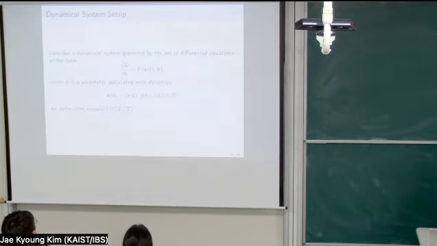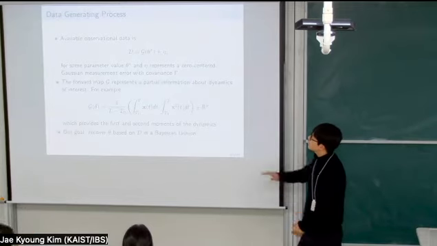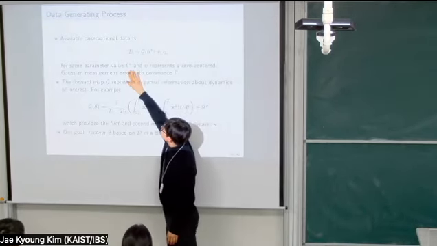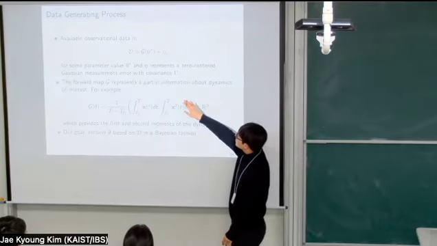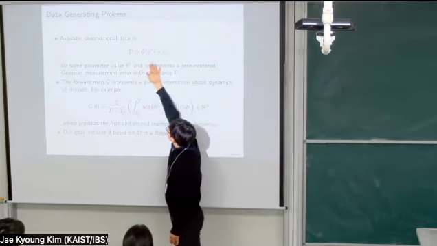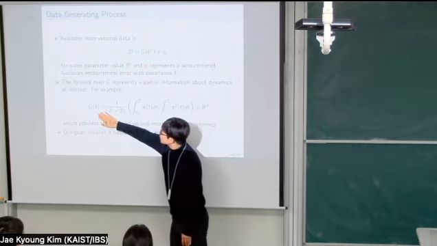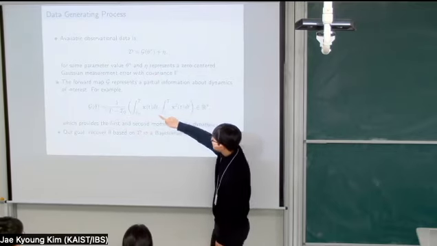Let's now demonstrate this with a three-dimensional dynamical system example. We suppose there is a true parameter θ*, and the data is simply θ* mapped under this function g. g is the average of the solution's first and second moments.